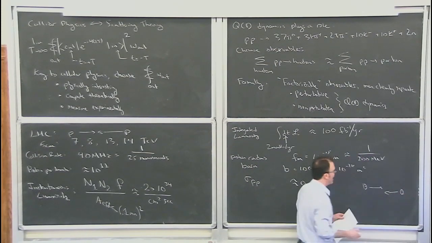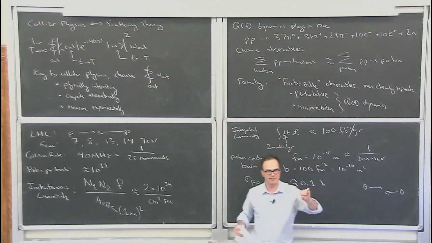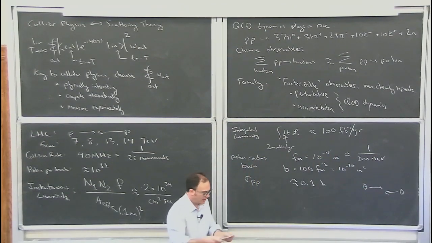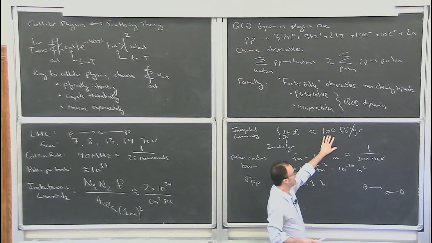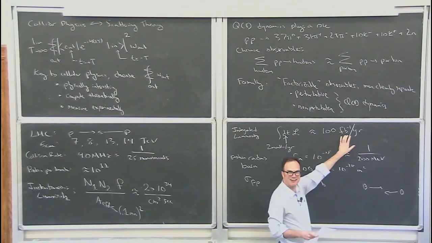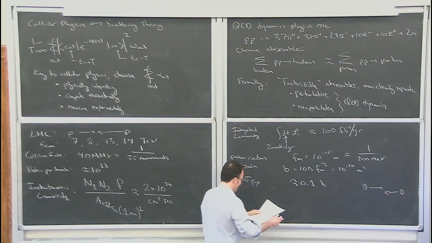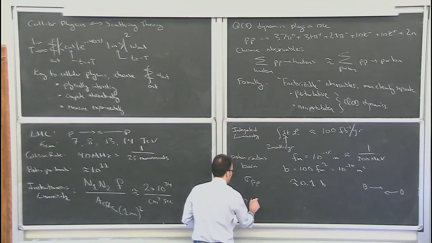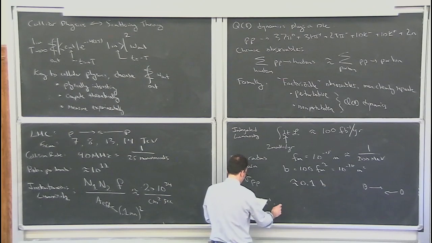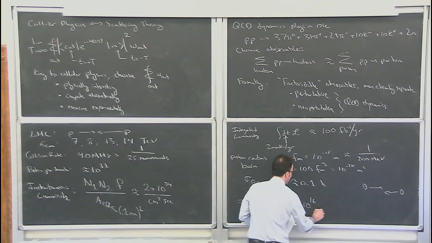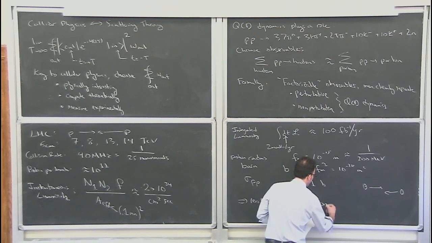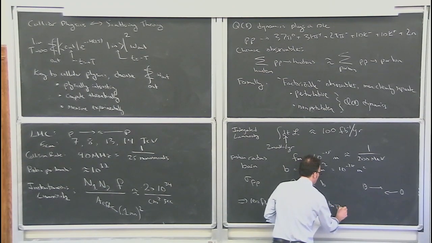The chance that something happens is just the chance that I have projectiles of a given area hitting each other. And so if I take that 0.1 barns, multiply it by 100 inverse femtobarns, and remind ourselves what femto means, you'll end up getting something like 10 to the 16 proton-proton collisions that are interesting, where something happens.